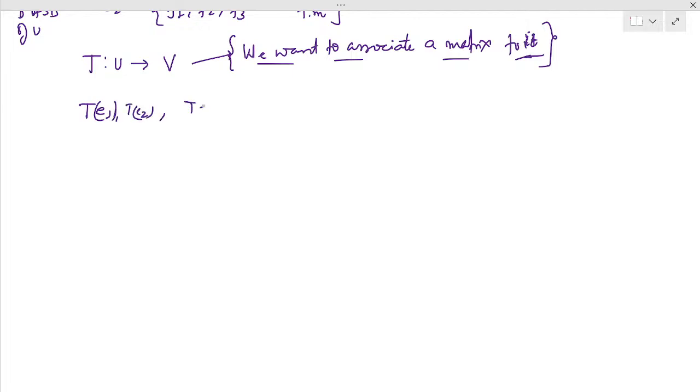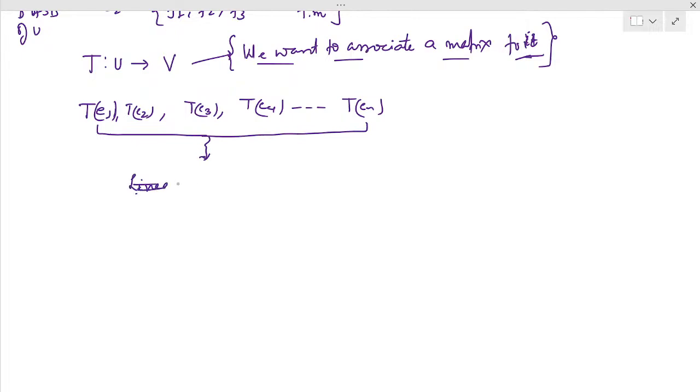If you remember, I told you that if T is a linear transformation and e1, e2, e3, ..., en are the basis of U, then these are the elements of V.